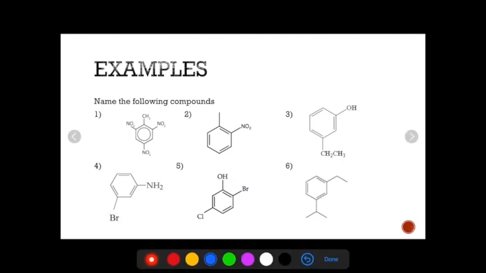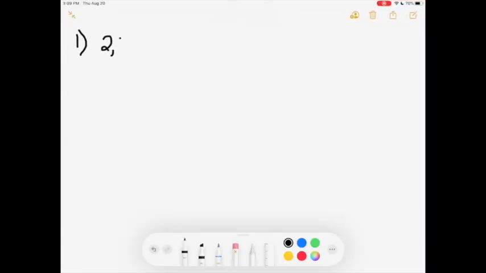So this is carbon 1, 2, 3, 4, 5, 6. So we have a nitro group on 2, 4, and 6. So 2, 4, 6, and there's 3 of them, so we have to say trinitro. And then we can just say toluene, because again, it's understood that that CH3 is going to be on the first carbon.